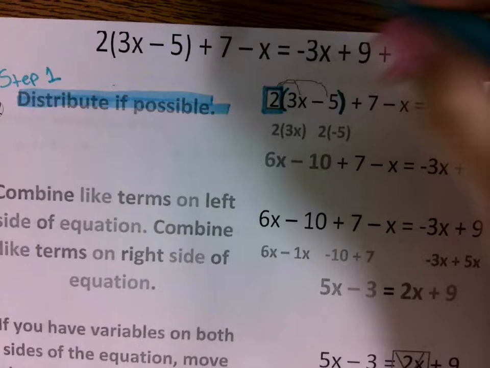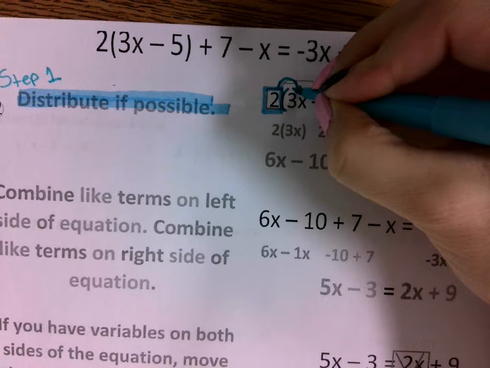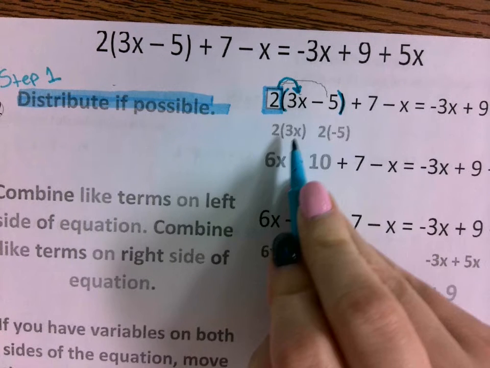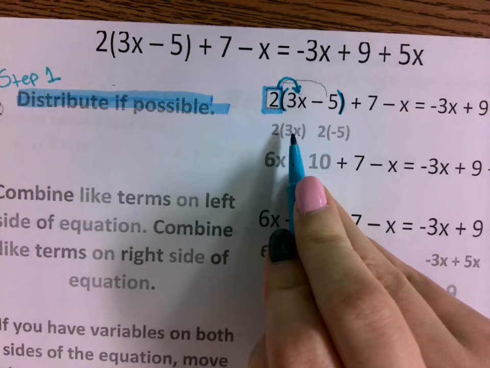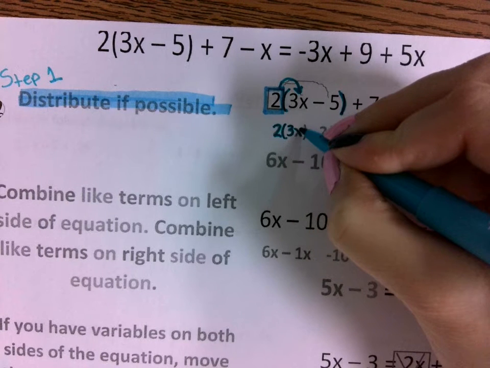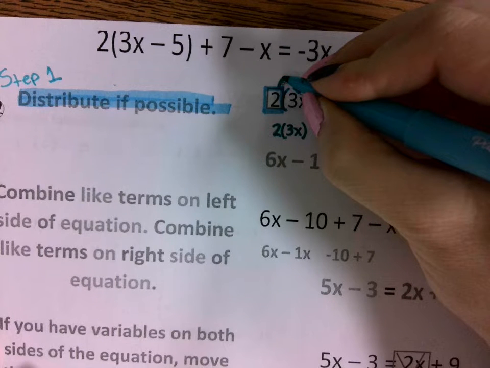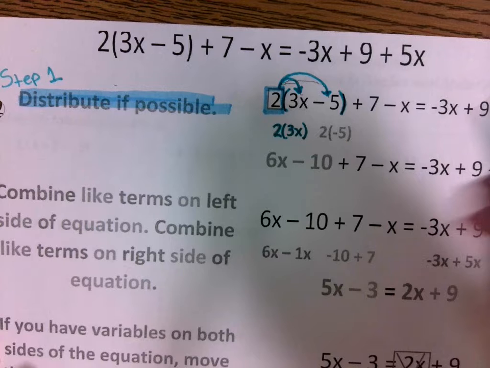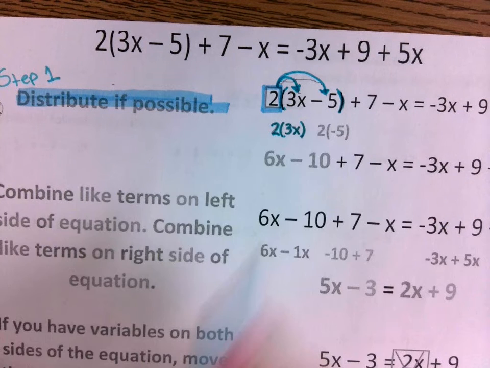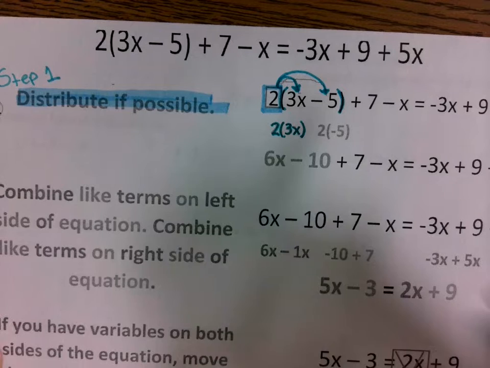So what you would be doing is multiplying 2 times 3x, which I'm showcasing right here, 2 times 3x. And then you would also be distributing the 2 to this component, which happens to be a -5. Going back to 6th grade and possibly 5th grade, your operations of addition and subtraction separate your terms.